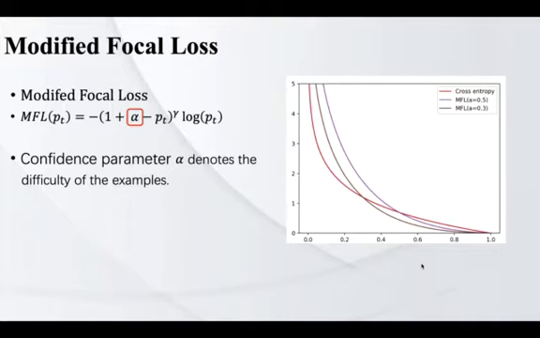On the contrary, if the example probability is less than the confidence parameter alpha, the input character would be considered difficult to classify. In this way, the loss value of the input character would be enlarged, so the model would focus more on this type of case.